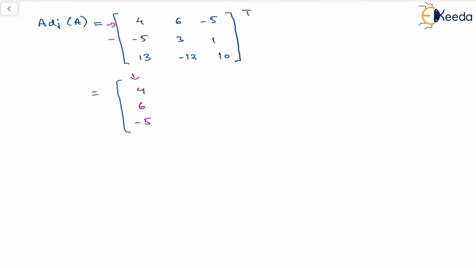Taking row 2 as column 2, we will have minus 5, 3, 1, and column 3 will be formed by row 3, and this is 13, minus 12, 10. So this is the cofactor transpose, and therefore this is our adjoint A.